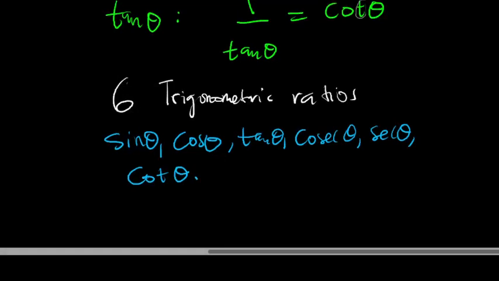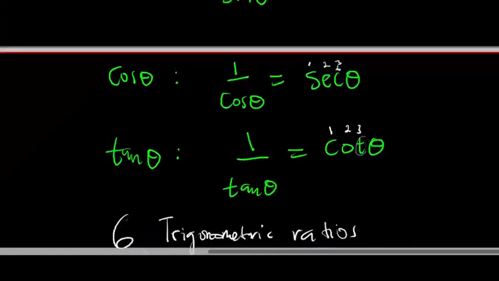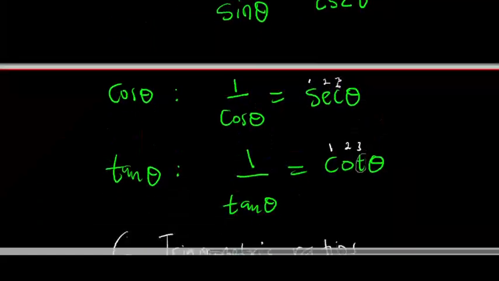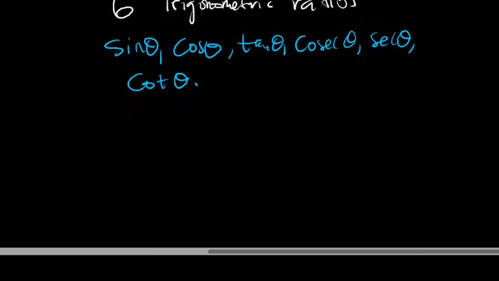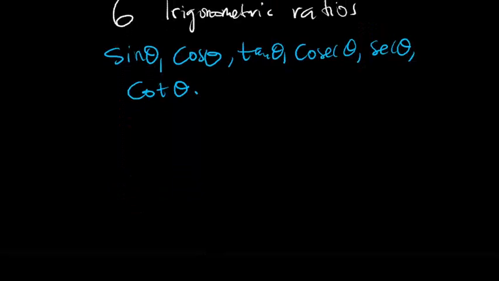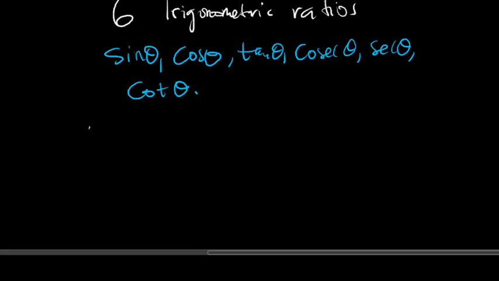Now, if you are given any question on this trigonometric ratio, once you are given any of the trigonometric ratios, you can get the others. What do I mean? Let's take a look at this example.